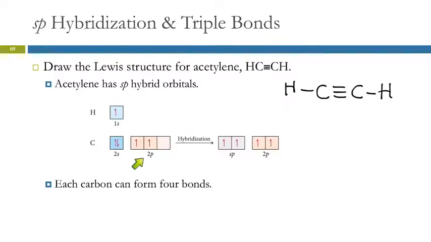Here's our carbon atomic orbitals, and it's going to hybridize just an s and a p together, and it's going to leave two unhybridized orbitals. So this sp can overlap with a hydrogen. This sp can overlap with an sp in the other carbon atom. And then each carbon has two p orbitals left to form pi bonds.